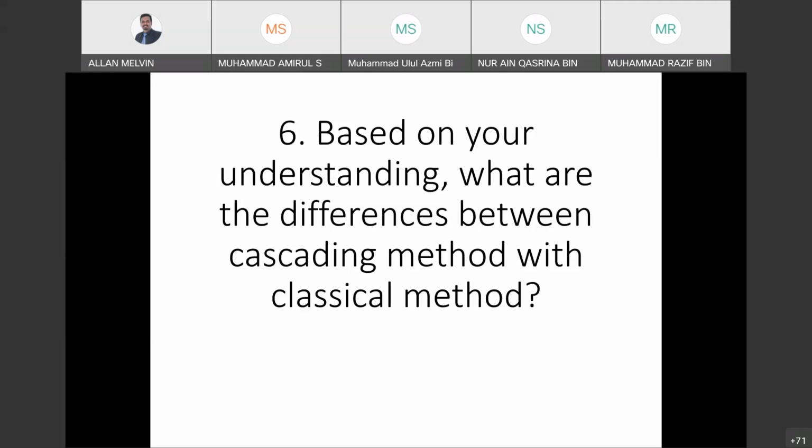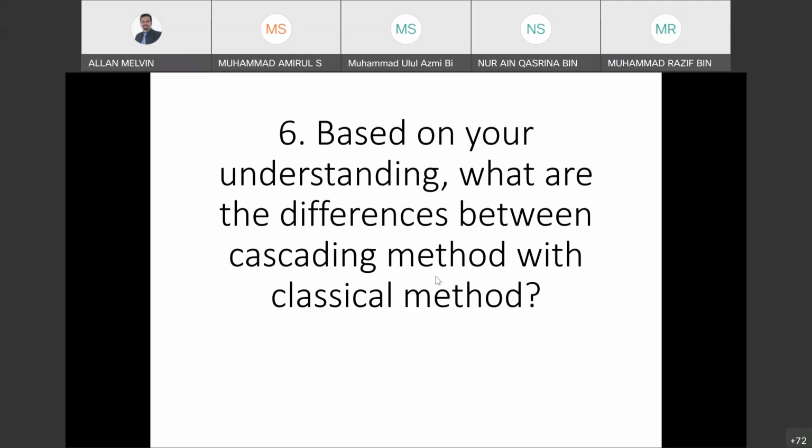So for you maybe you think classical method is easier, is more straightforward compare dengan cascading method yang ada banyak step. Okay. So maybe you tak nampak sekarang because you only controlling one or three cylinders.